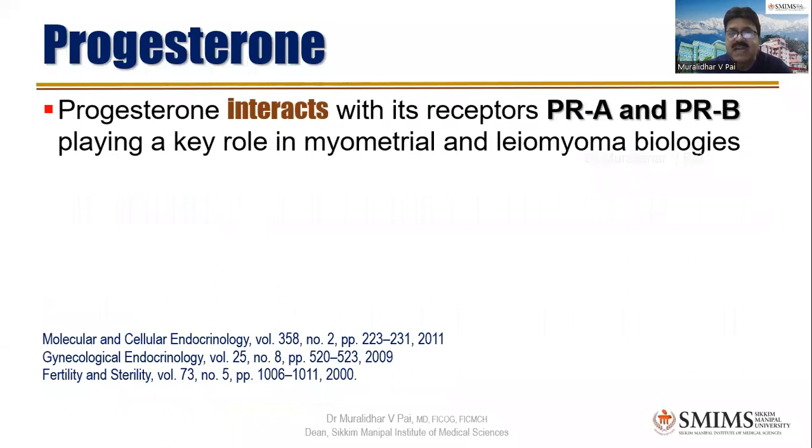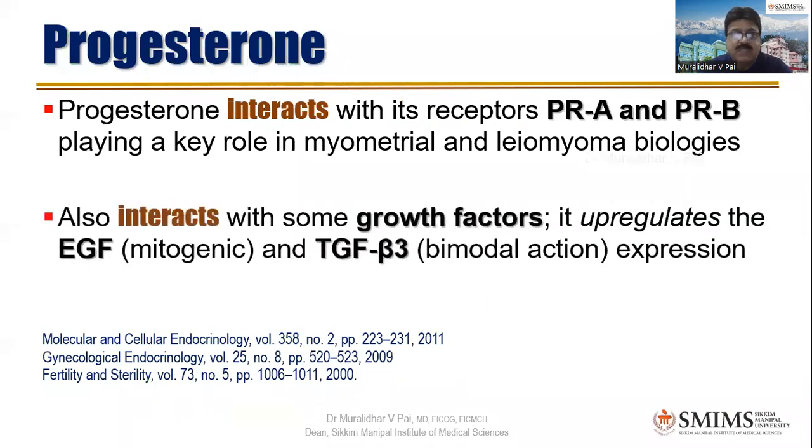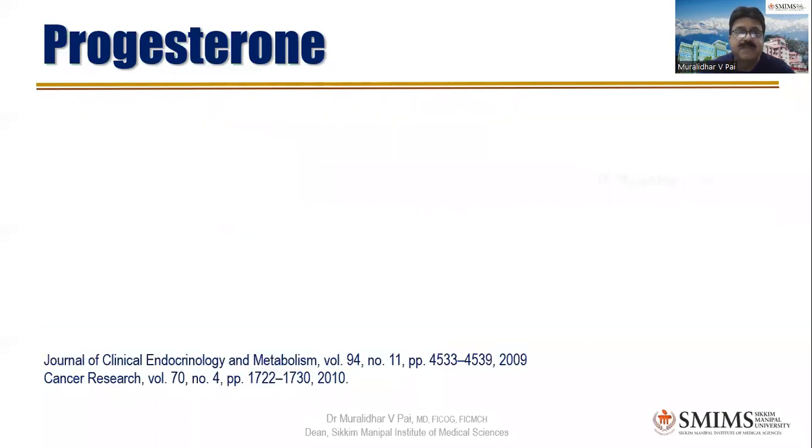Progesterone interacts with its receptors PRA and PRB, something like the alpha and beta we said there, playing a key role in myometrial and leiomyoma biologies. It also interacts with some growth factors. It upregulates EGF and TGF-beta3 expression. We heard of this TGF in the previous slide.